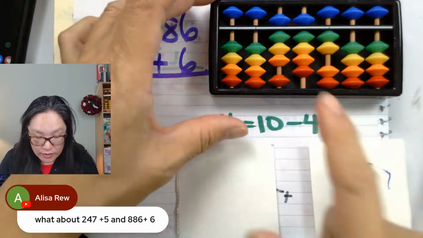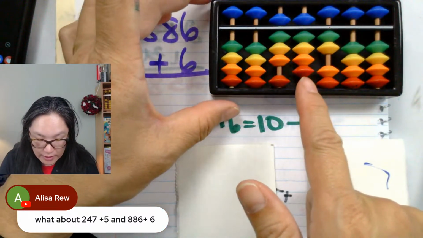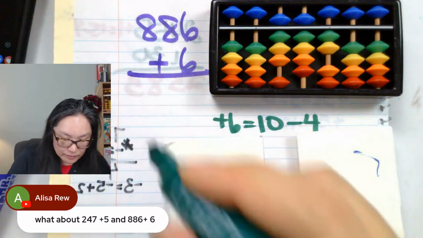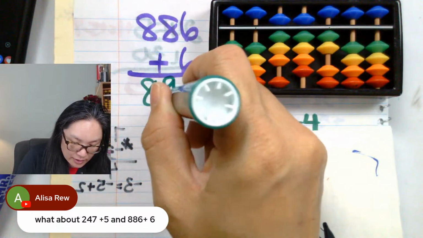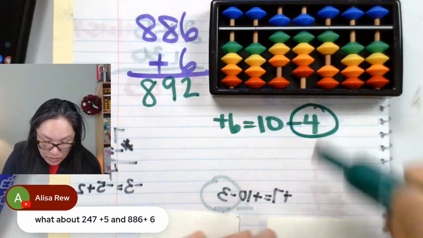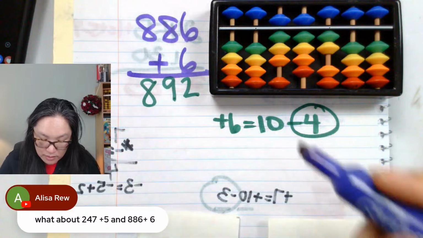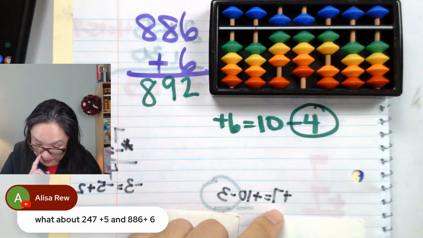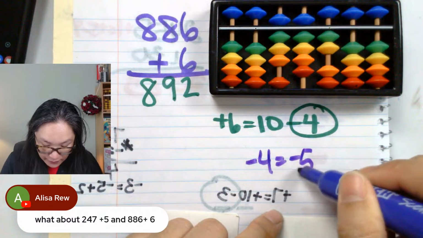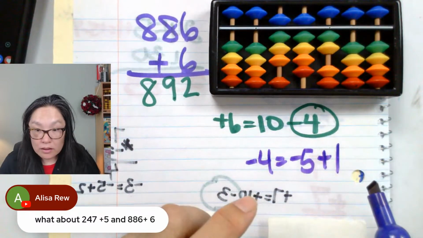So my final answer is 892. So what we did was our second one, which is minus the 4 is equal to minus the 5 plus the 1.